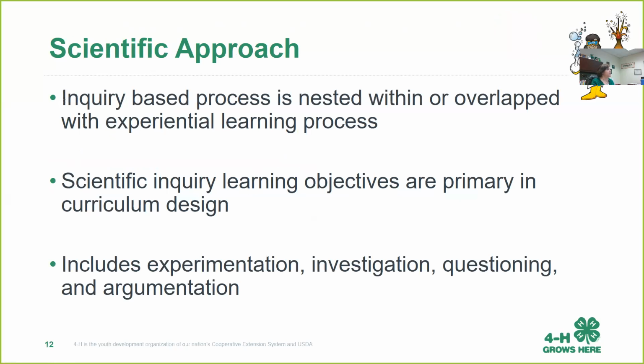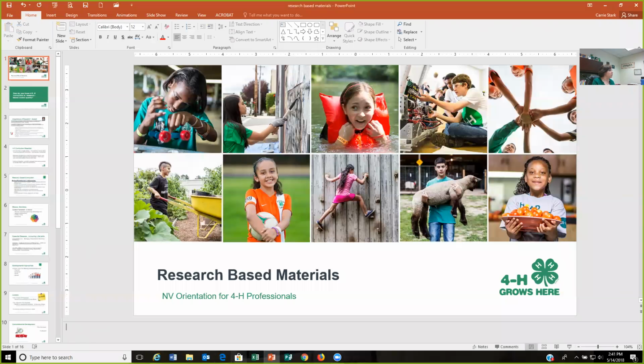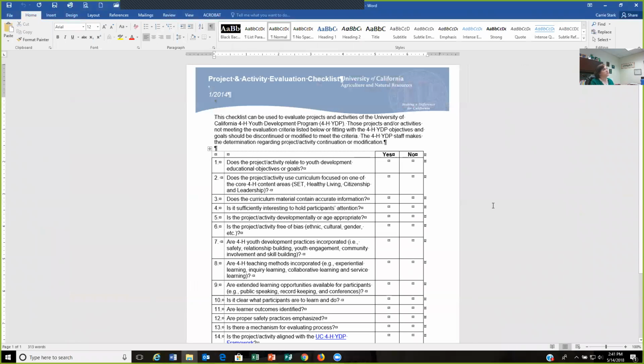There's a couple of pieces that I will share with you, and I don't think I have them pulled up right now. Let me see if I can find them. I like this document. This is one that University of California has, a project or activity evaluation.